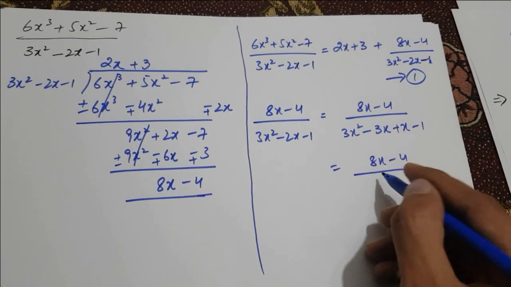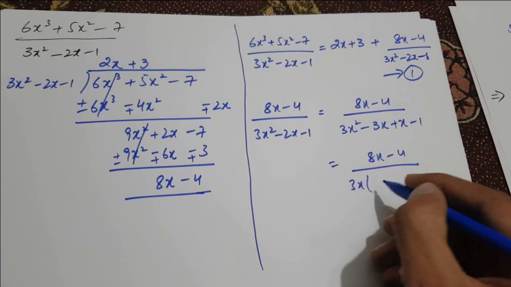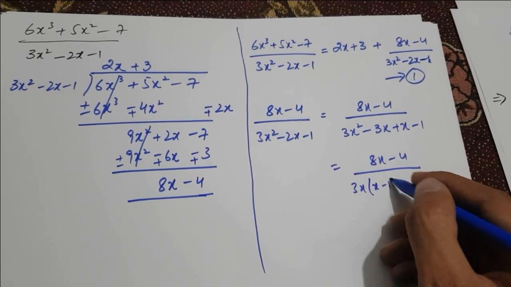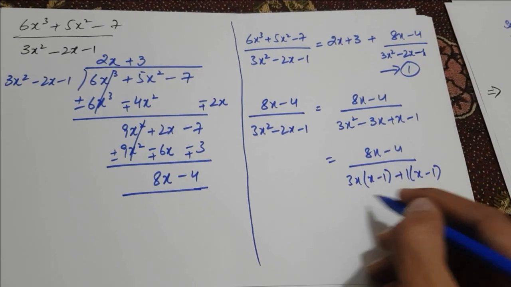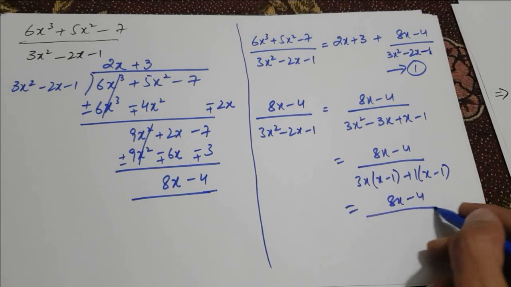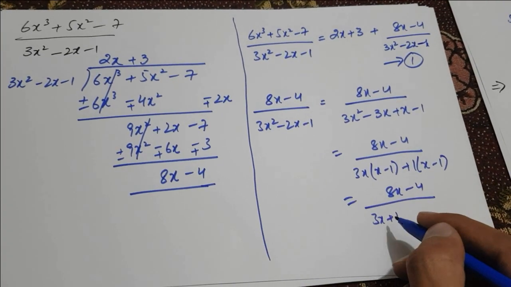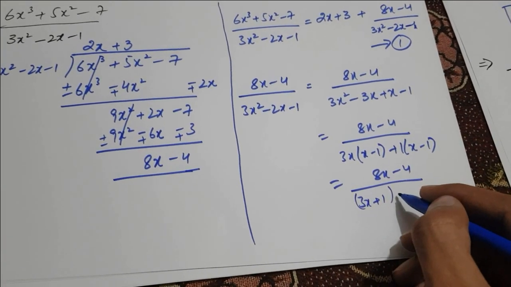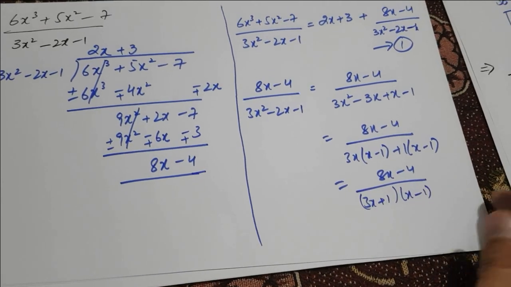We get 8x minus 4 over 3x(x minus 1) plus 1(x minus 1), and we get 8x minus 4 over (3x plus 1)(x minus 1).